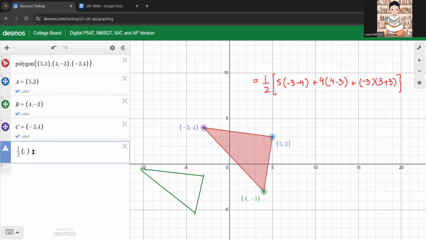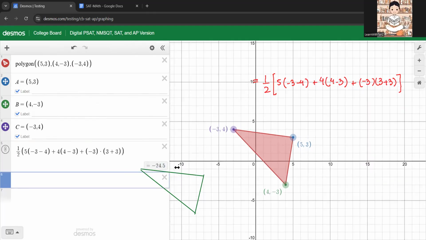Be aware of the brackets. Never mess up the brackets. Then I'll write plus. What I'm doing is writing this whole thing in here so that my solving is quicker. Negative 3 I have, then I'll do times 3 plus 3. I got negative 24.5.